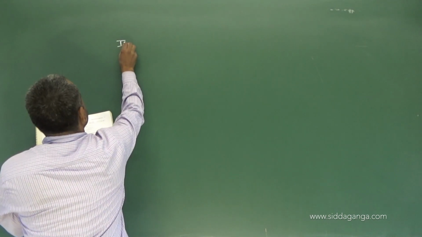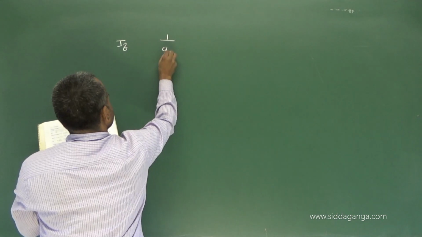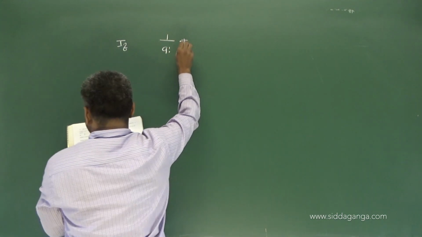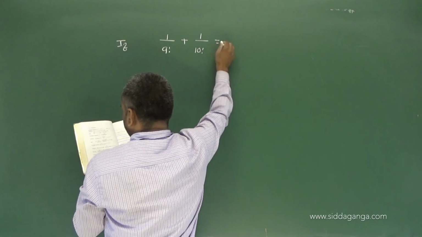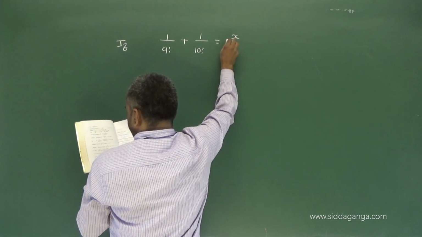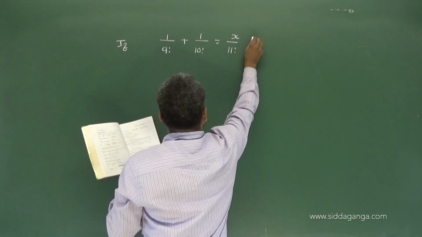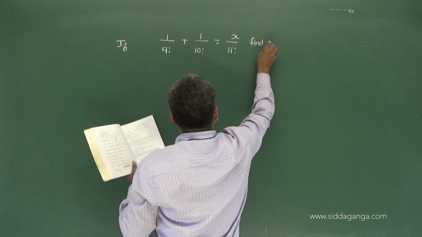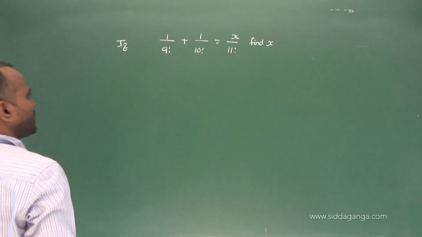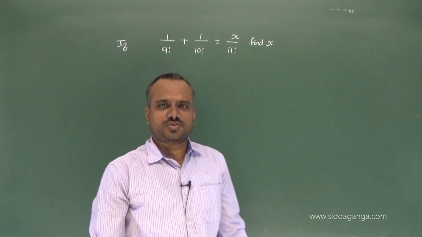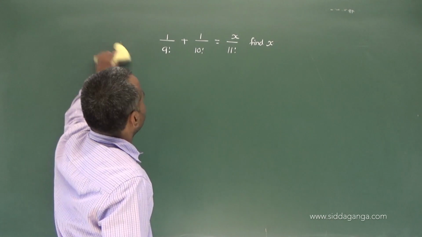If 1 divided by 9 factorial plus 1 divided by 10 factorial is equal to x divided by 11 factorial, find x. Same type problem.